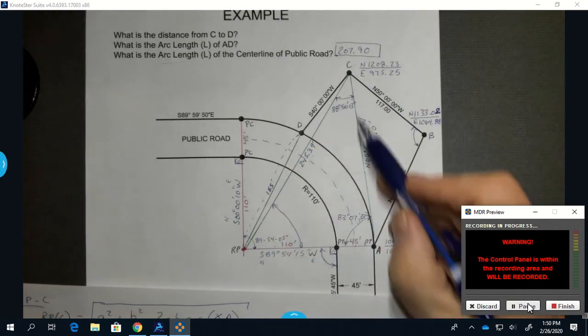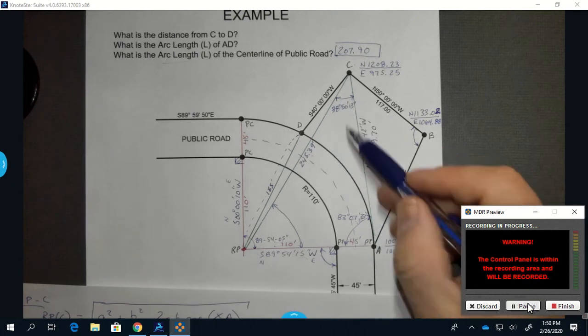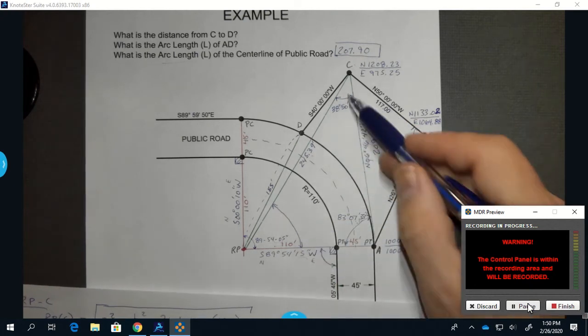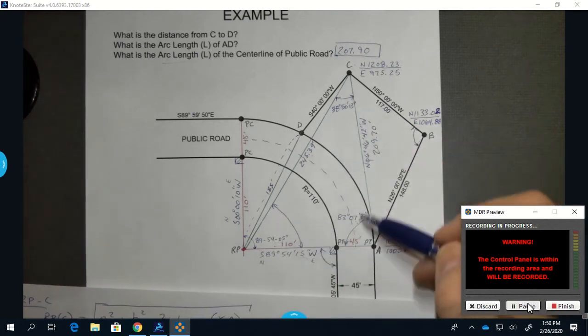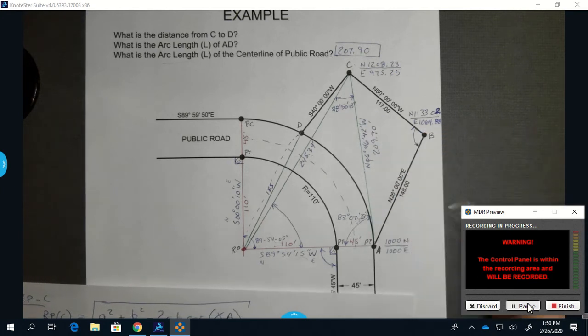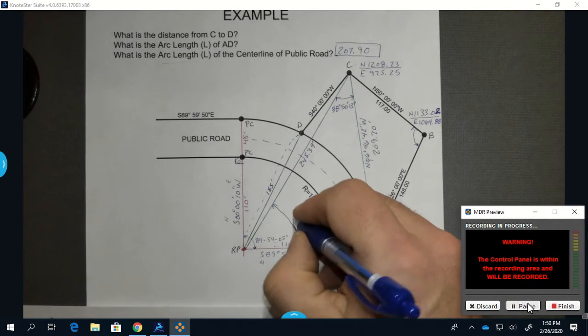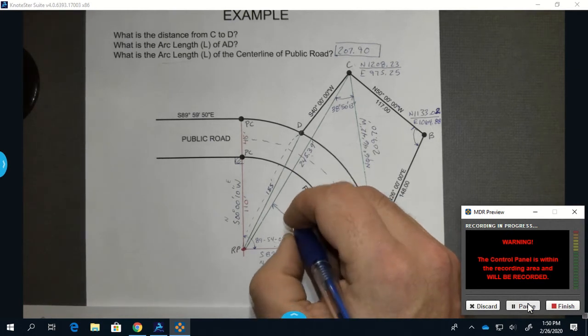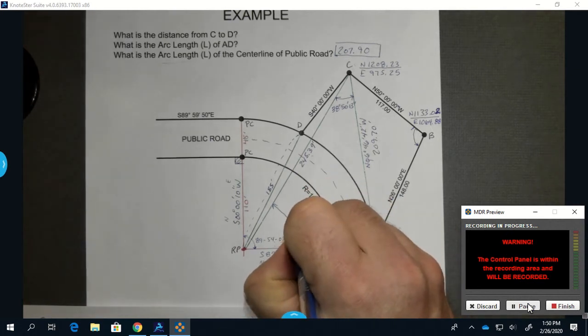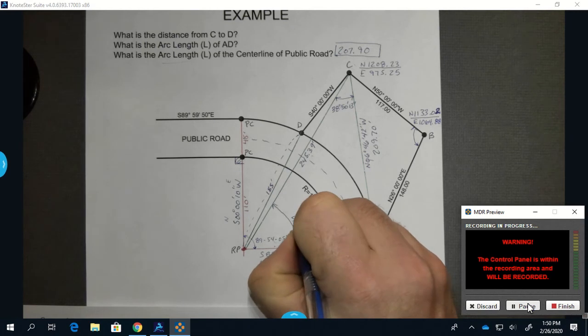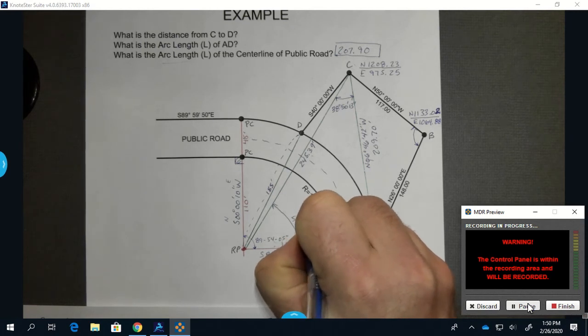You just take 180 degrees, because that's what the angles of this triangle should add up to, minus this and this, essentially. So that angle here should be 58 degrees, 02 minutes, 14 seconds.